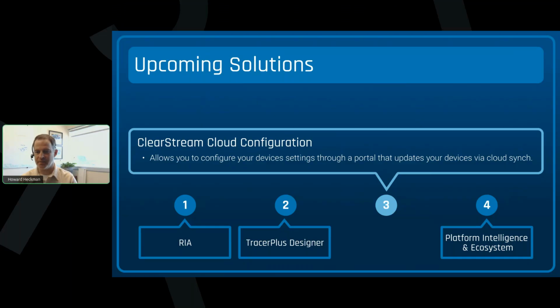Also, I'll add a little bit too. What we're managing is your device running ClearStream or TracerPlus more than the device battery health and things like that. We may expose things like that someday, especially for, let's say, MDM light users, but there's no way we're going to try to replace a 42 Gears or something like that. We work side by side with them because they're experts at what they do.